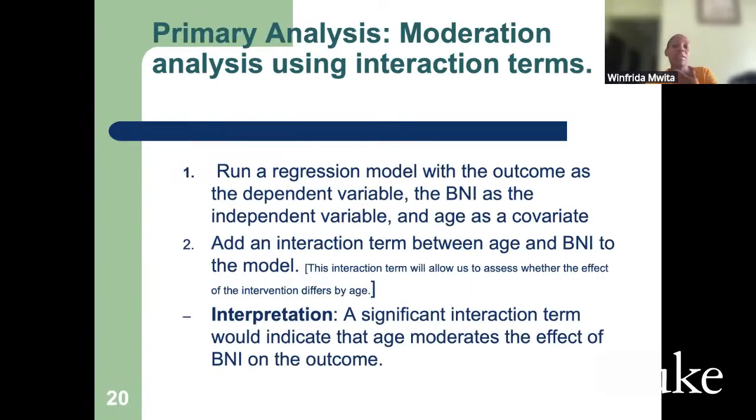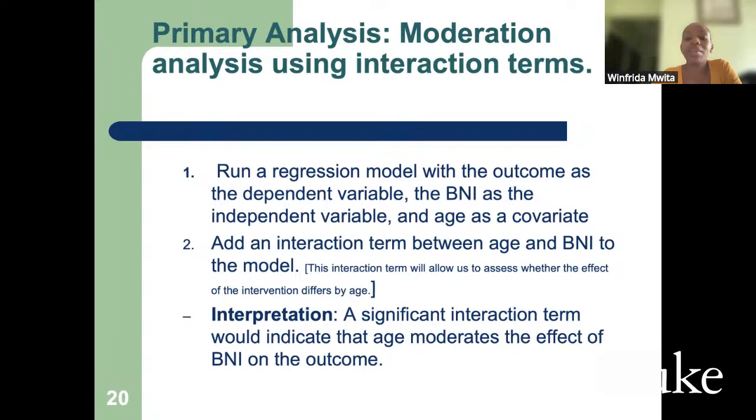Then you can run a regression model with the outcome variable and the independent variable. So BNI can be the independent variable and age can go as a covariate. Then you can add the interaction term, which here would be age and BNI.